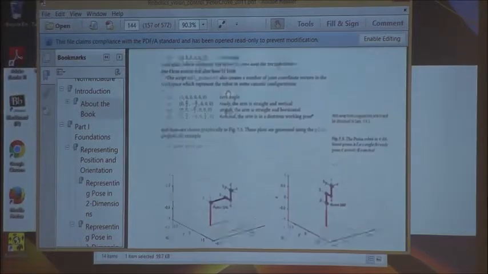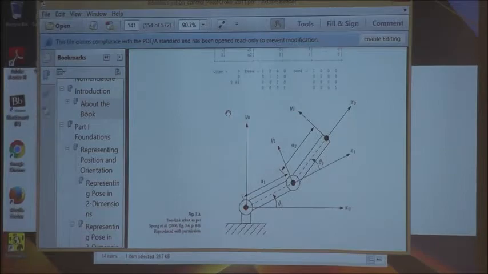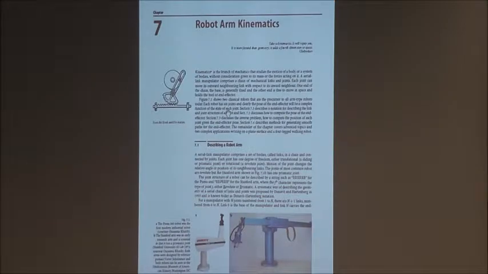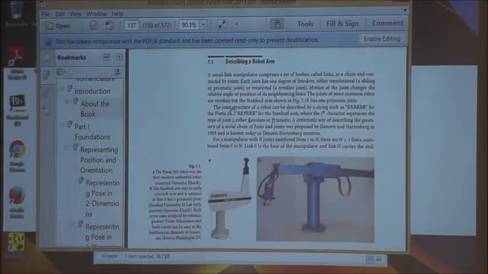This is chapter 7 of your book, robot arm kinematics, and the slideshow I showed you coincides with this chapter.